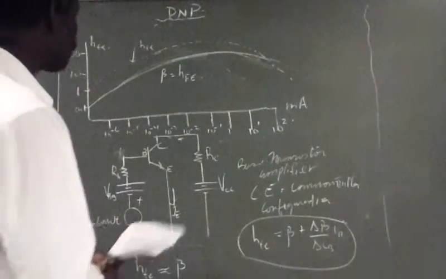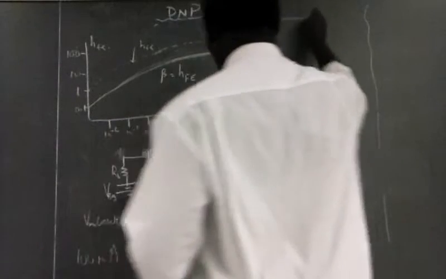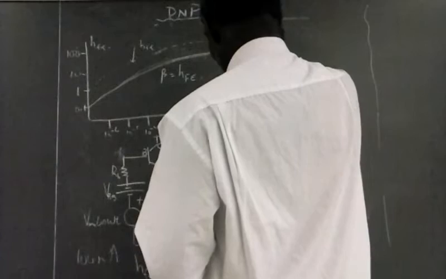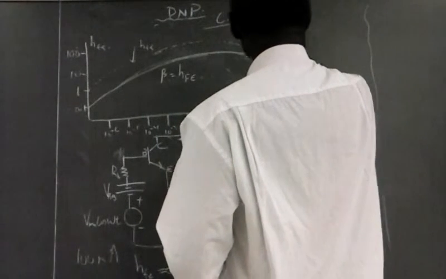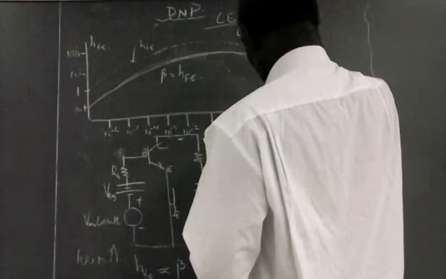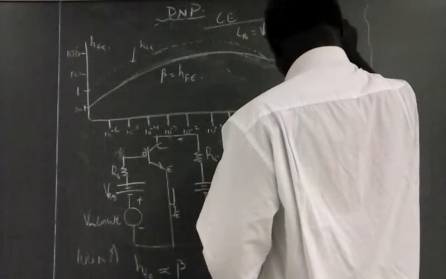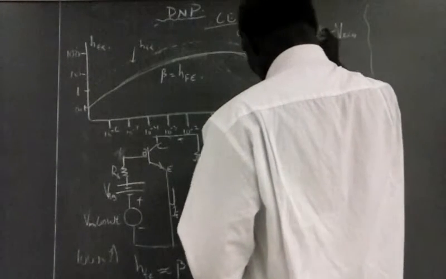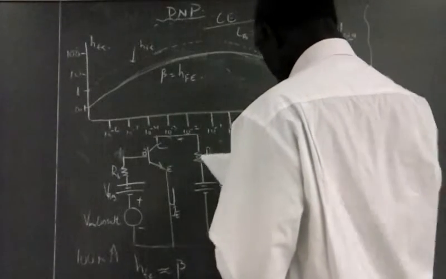Now for the common emitter configuration, we have known that I_B is equal to V_BB plus V_in cos omega t minus V_BEQ over R.